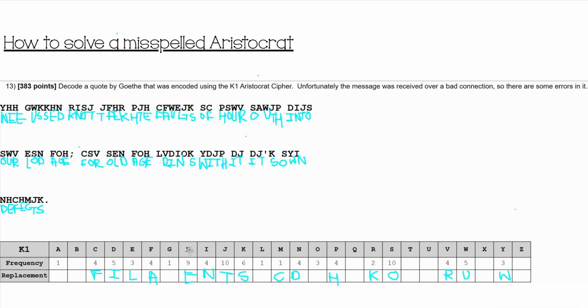Okay, so I went ahead and filled in what we knew of the table. We can see that this is probably the keyword because after this it's just continuing the alphabet, I believe. That means this would have to be B, C, D, and then this would probably have to be G, and then J over here.